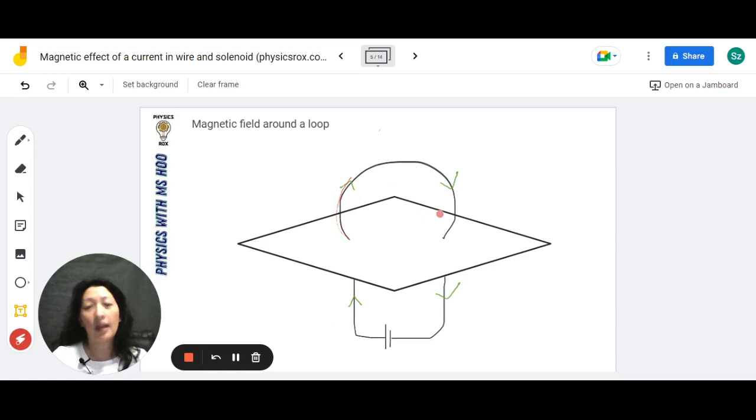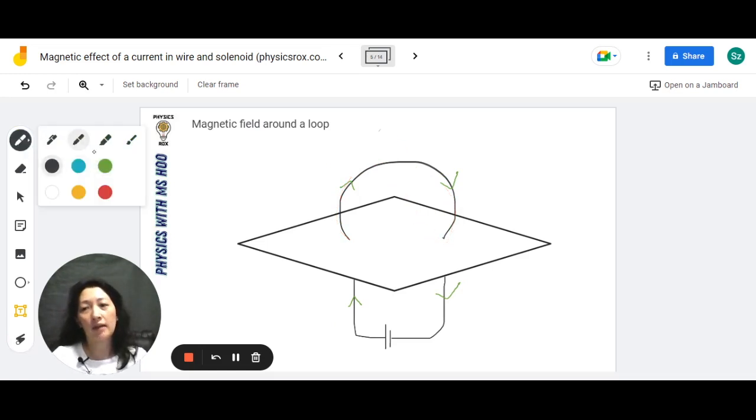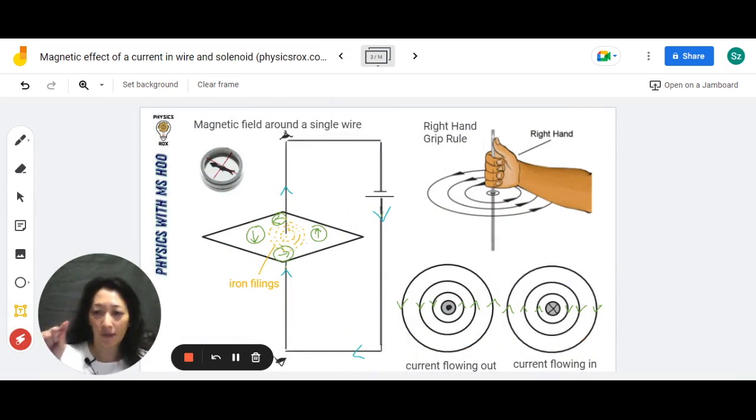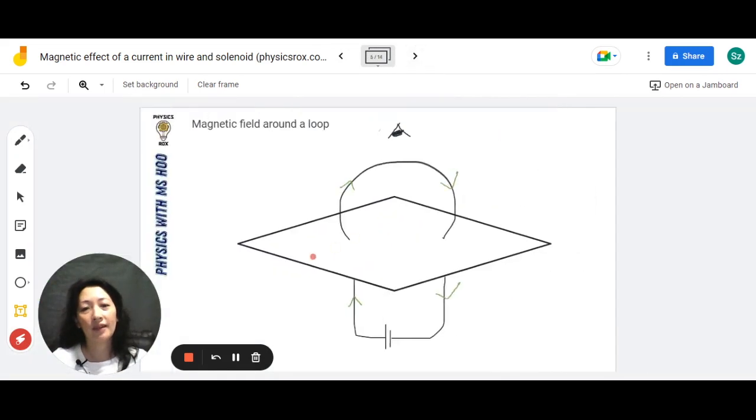So this is going up and this is going down. So if you imagine that you look at the wire from this perspective, can you see that this is actually kind of the same as what we'll be observing here? Current flowing out and then flowing in.